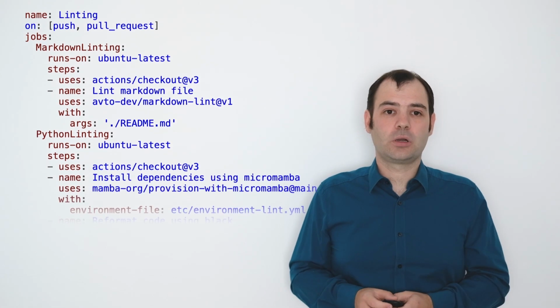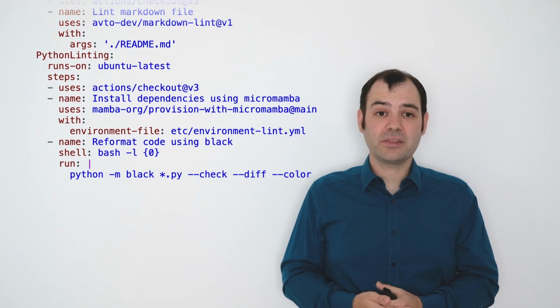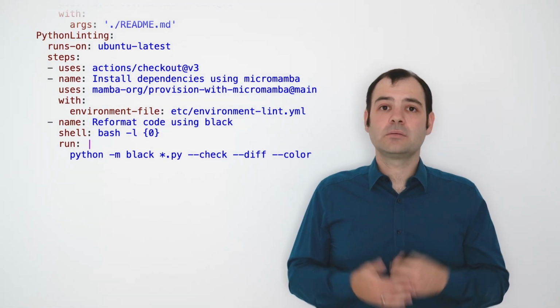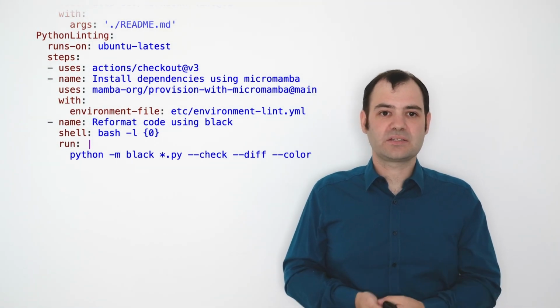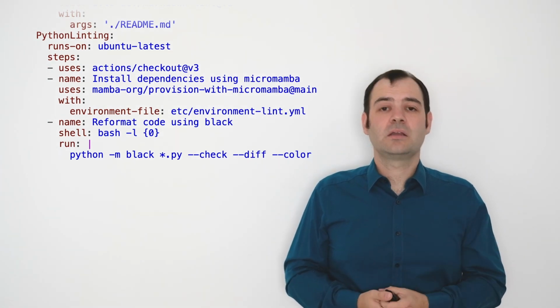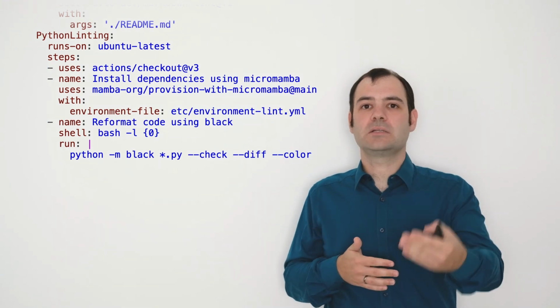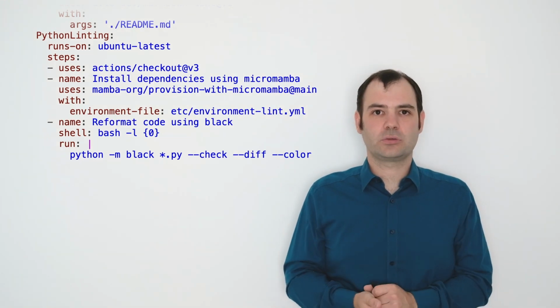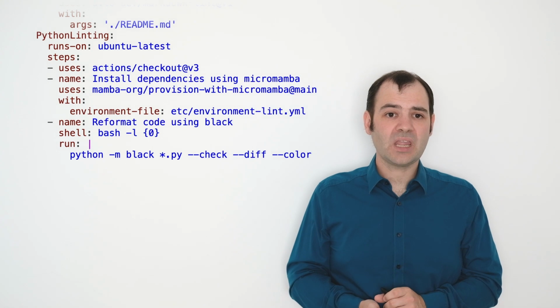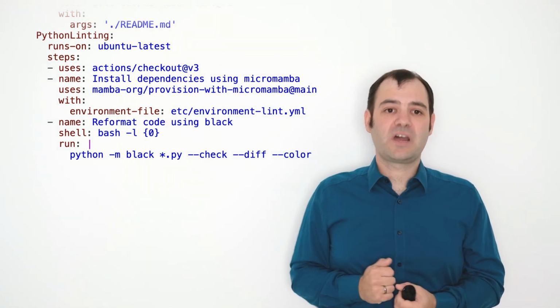The second job that is run in this pipeline is the Python linting. Again, multiple steps, in this case three. First, the checkout, I already said that. Then we use Micromamba to install dependencies needed for the actual check itself. And there also we pass a variable to it.